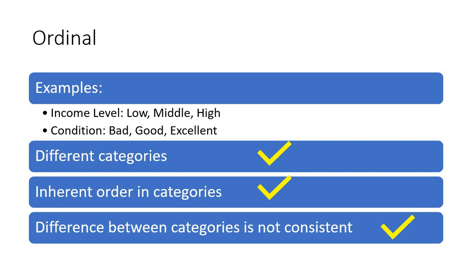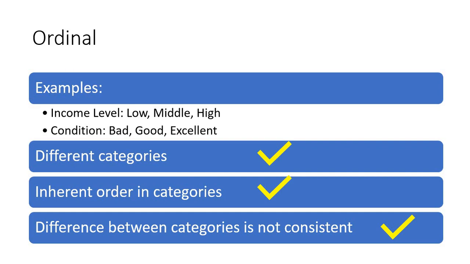Condition of something or some person can be bad, good, or excellent. So you see, excellent is better than good, good is better than bad. Similarly, high is greater than middle, and middle is greater than low. Or low is less than middle, and middle is less than high. So these are labels, plus there is an inherent order in these labels.